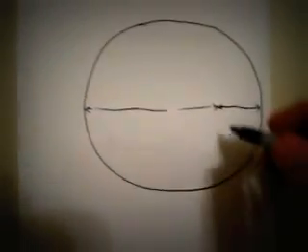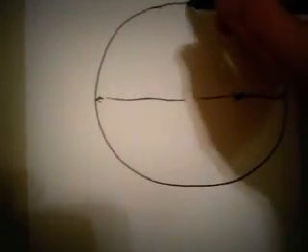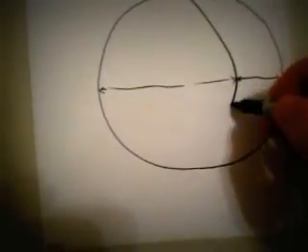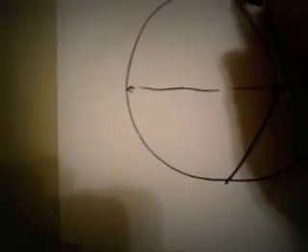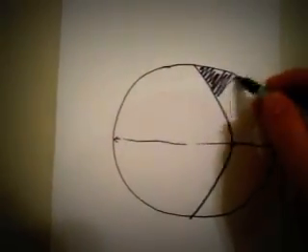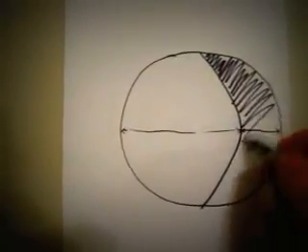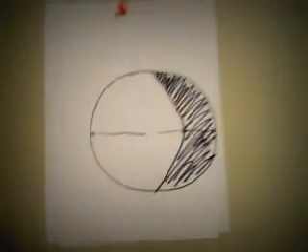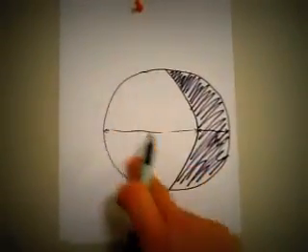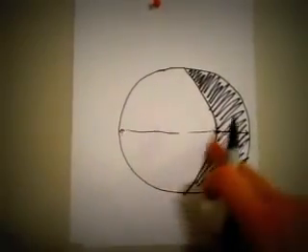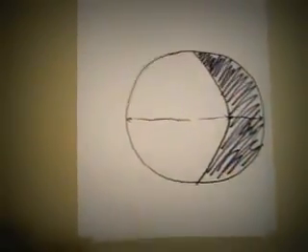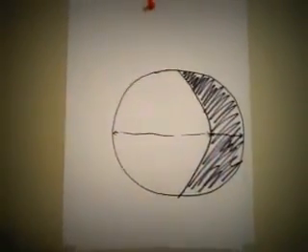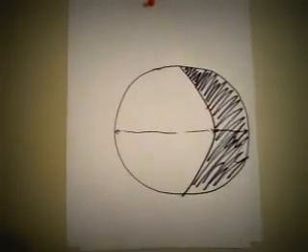Now the way that'll actually look is like this. Okay, so all this on the left here is lit up, and this little sliver on the right is darkened. This is how the moon will look when you're standing on Earth, when it's in this position over here.